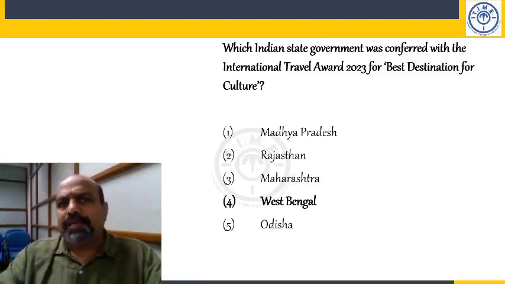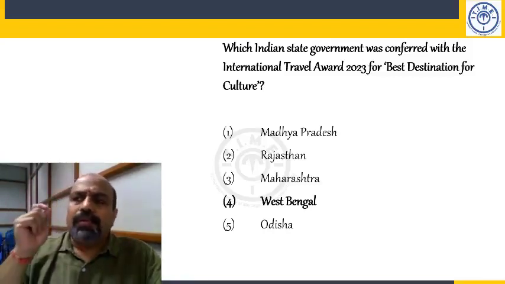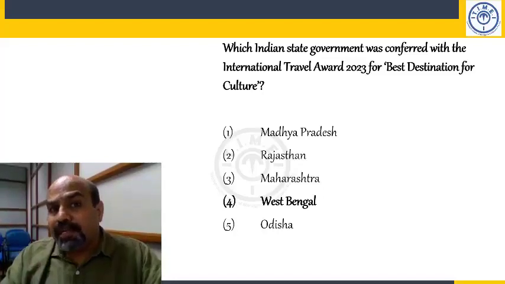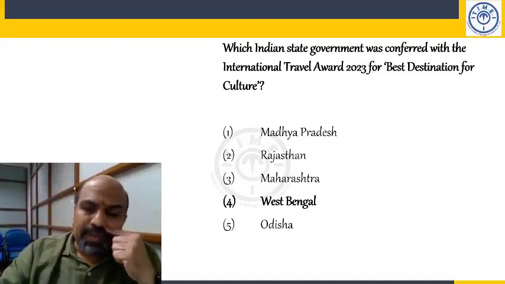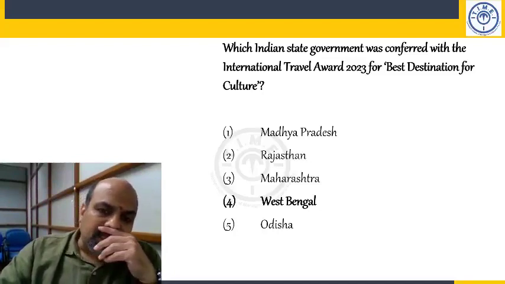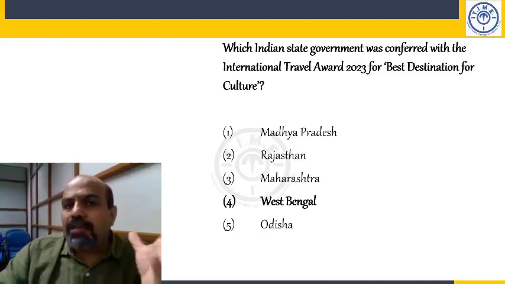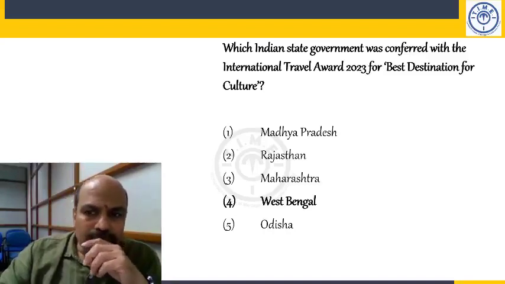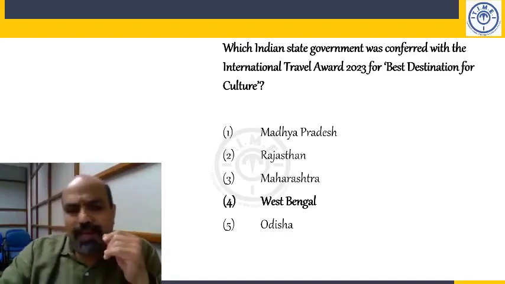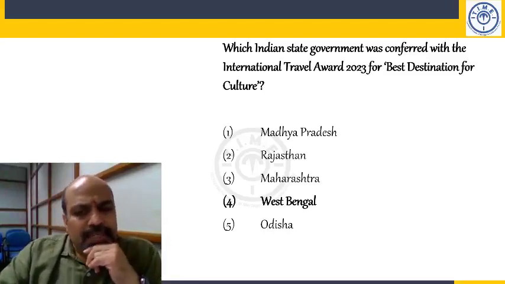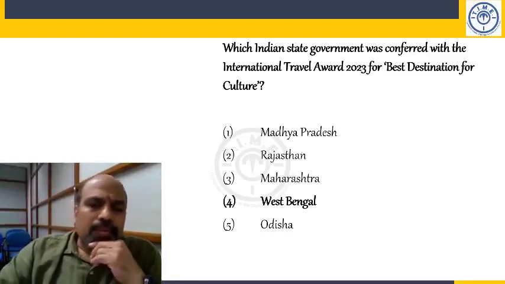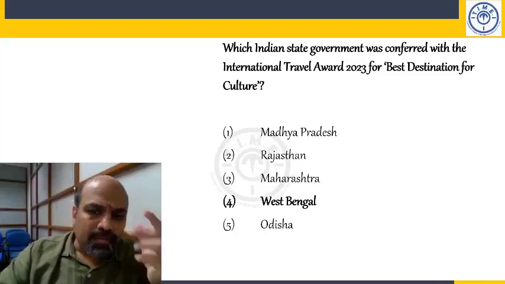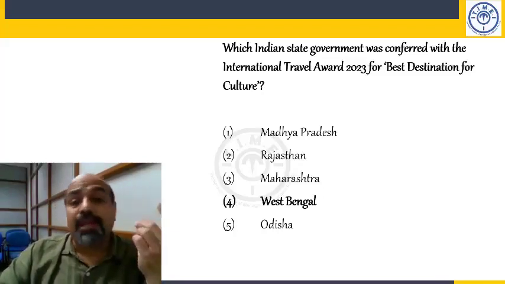Some places you will also find this tagline like "Jaane kya dik jaye." Then Maharashtra, one word, unlimited. Beautiful place, Maharashtra, unlimited. Odisha, the soul, S-O-U-L, the soul of incredible India.